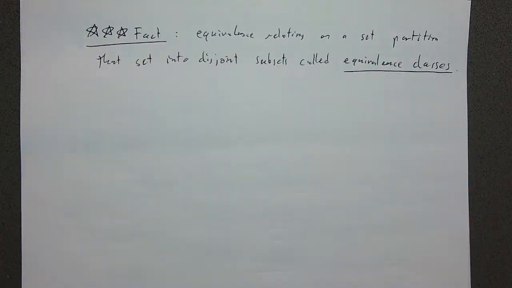The equivalence classes are set up in such a way that members of the same equivalence class are exactly those members that are equivalent to each other. They're not equivalent to something outside of their equivalence class.